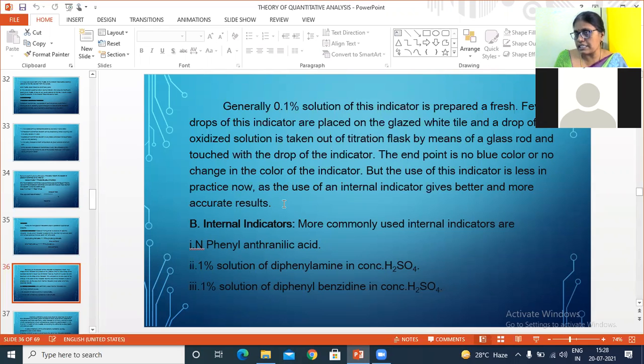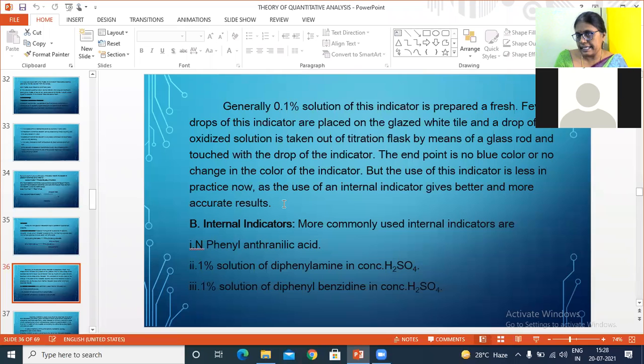Because of that oxidation reaction, whenever we transfer the indicator from the tile or bottle to the titration flask, it undergoes oxidation meanwhile, so we won't get any blue color. To avoid this, we are not using the external indicator nowadays.